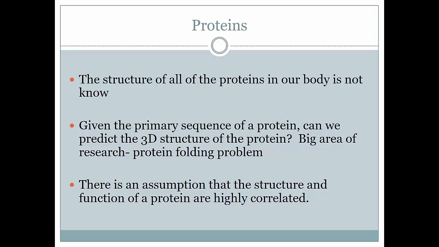So if we identify a gene, the assumption is that it encodes a protein, but we may not know what the protein is and what its function is. So a big problem in computational biology is, given the primary structure of a protein, can we predict its 3D structure? And then, given its 3D structure, does that inform us about its function?